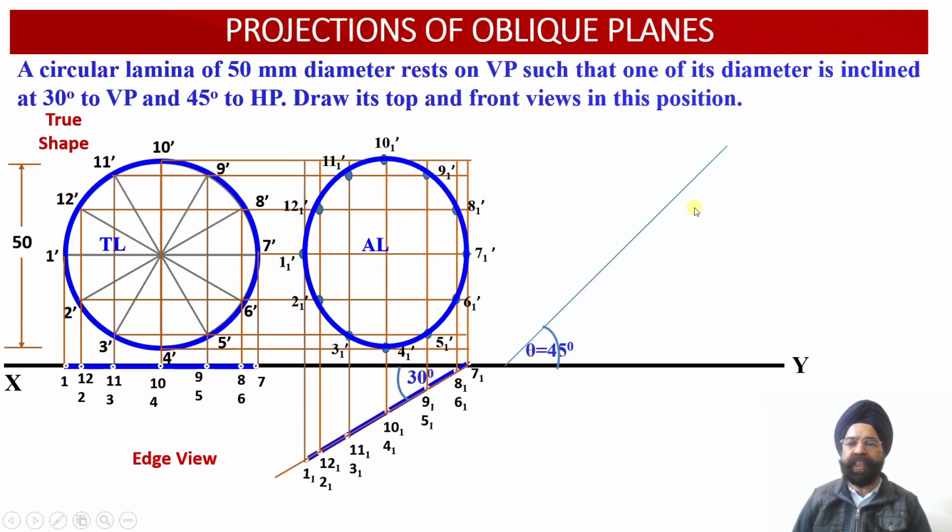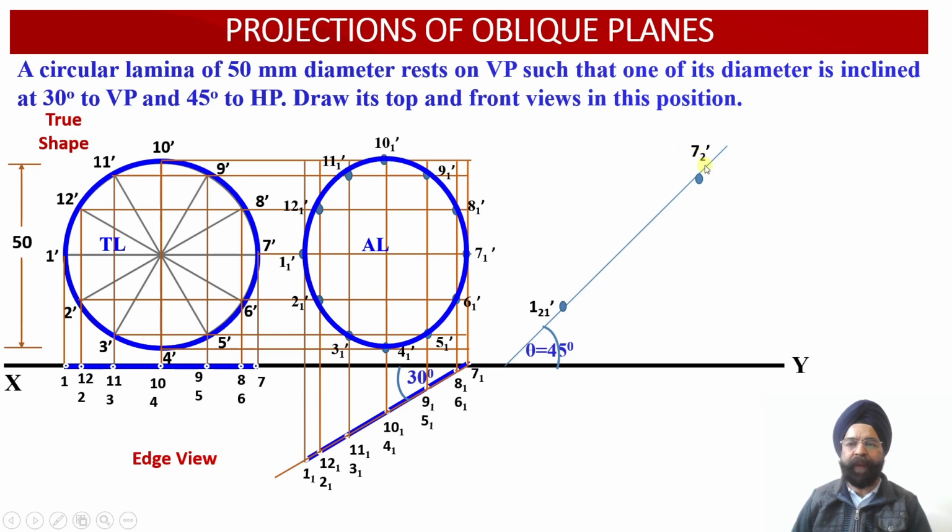So once we know this true length is 50, what are we going to do? This distance we are going to mark as 50 millimeter. So we mark 2 points over here, and the distance between these 2 points will be 50 millimeter. Let us label those points.